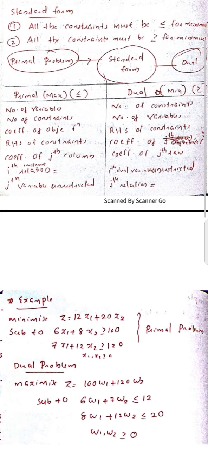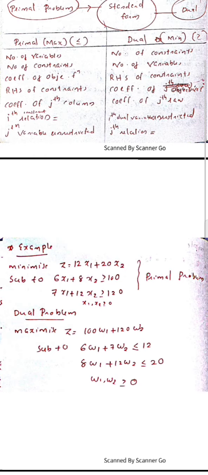Similarly, if the jth variable is unrestricted in the primal problem, then the jth relation is of the type equal to in the dual problem. So you have to remember this important primal dual relationship with the help of these points. Now we will discuss an example.